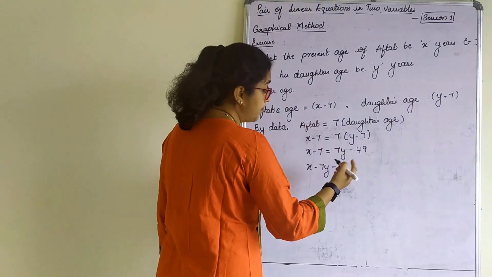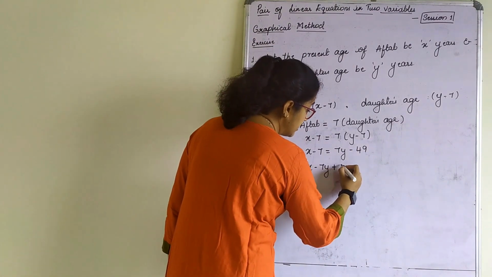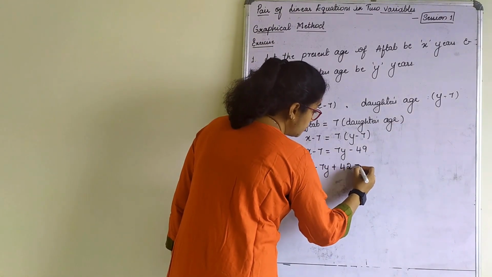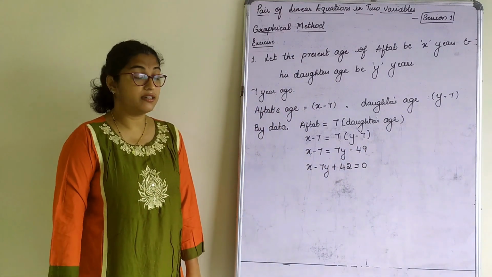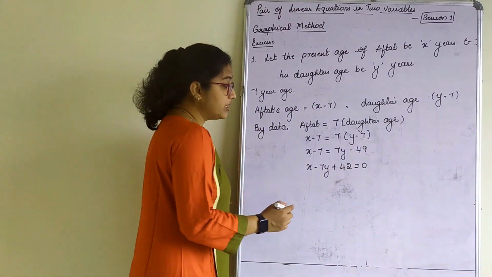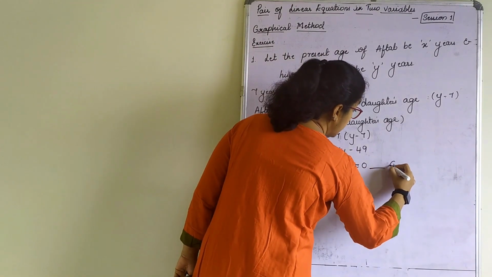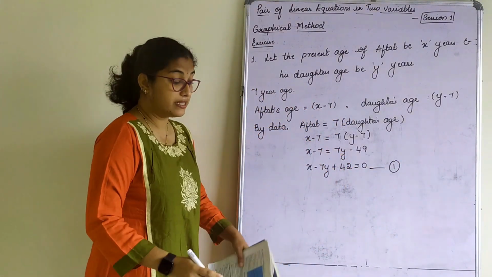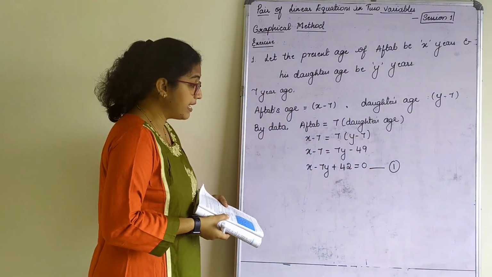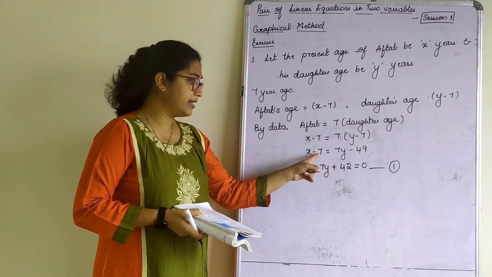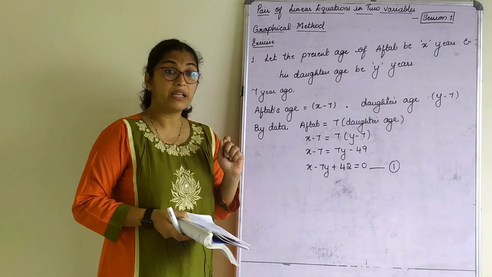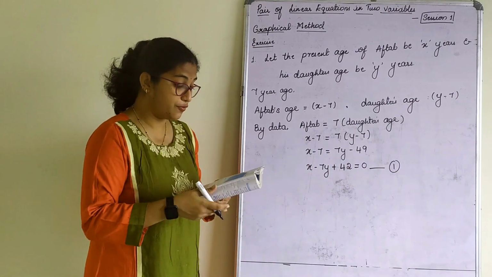So minus 7 plus 49 is plus 42 is equal to 0. Is this very clear? Okay. So the first equation is this. Algebraically we represented this. That is x minus 7y plus 42 equals 0. Algebraically we represented the first one.